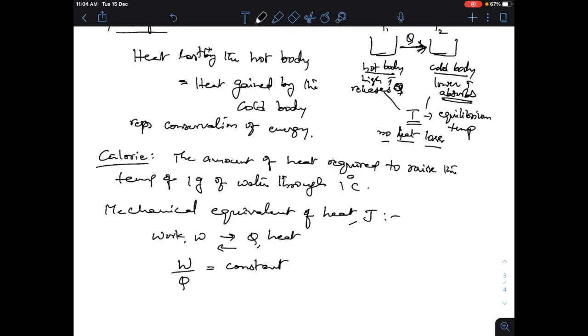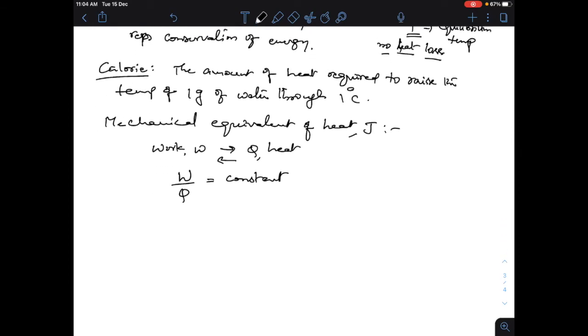This constant is called the mechanical equivalent of heat, J, which is equal to 4.18 joules per calorie.